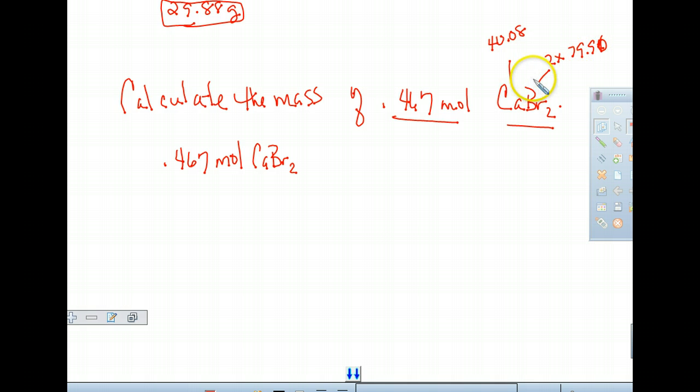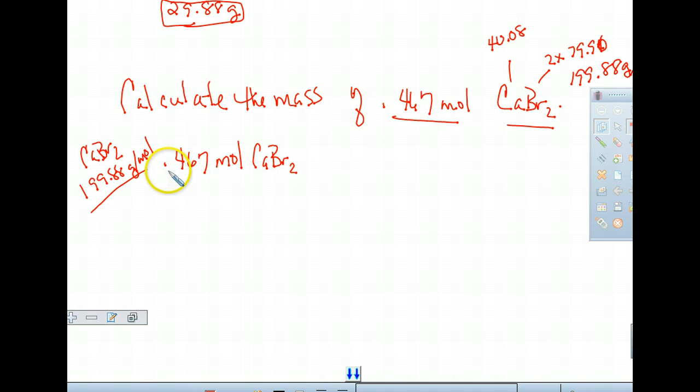If I add these together, calcium bromide has a molar mass of 199.88. Okay, 199.88, and that's grams per mole. So, CaBr2 is 199.88 grams per mole. That's going to be the conversion factor that I use.